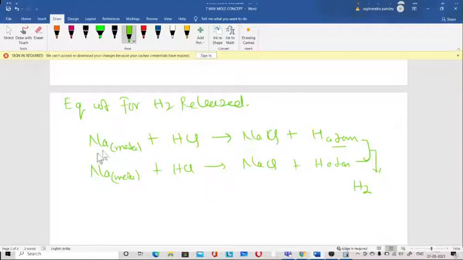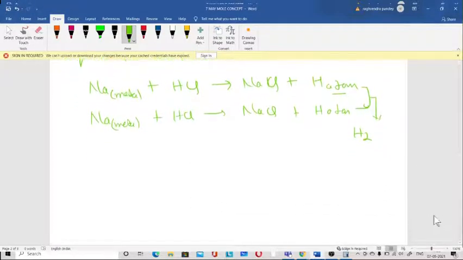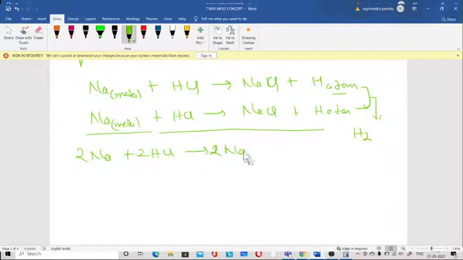So in that process we need two sodium atoms to react with two HCl to give 1 mole hydrogen gas. So 2 sodium plus 2 HCl gives 2 NaCl plus H2. Got it?